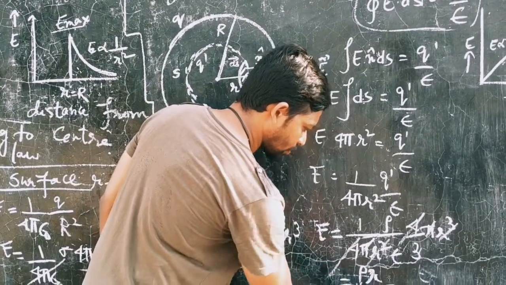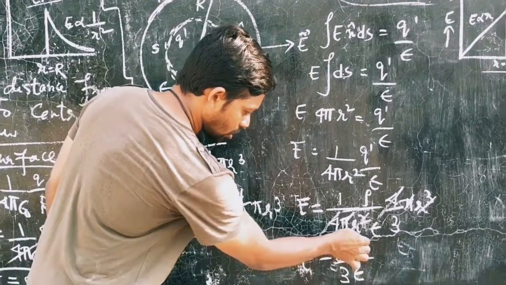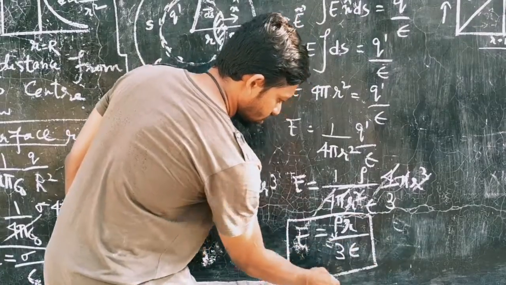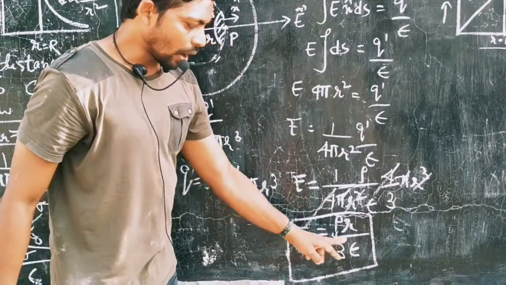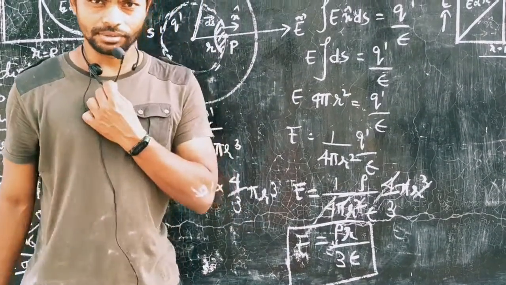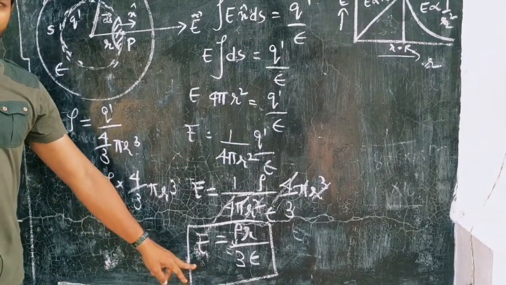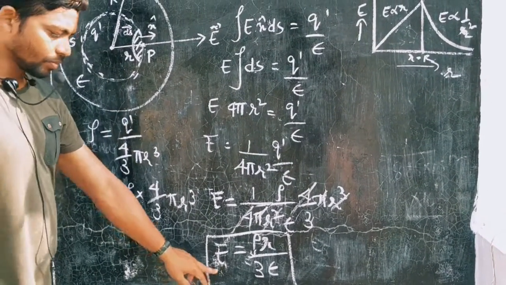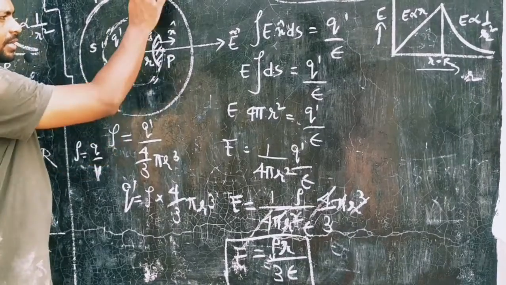So you can see we got an expression, rho r by 3 epsilon, right? This is the electric field intensity at a point P inside the sphere.